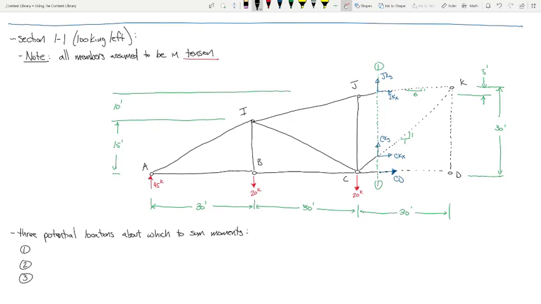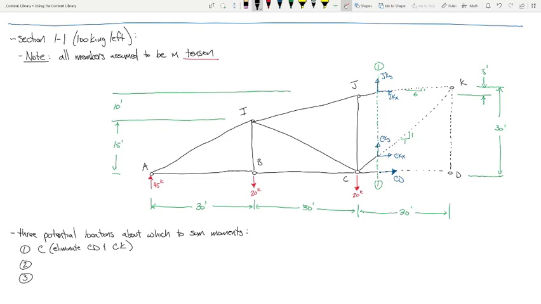Joint C, okay? If we summed moments at joint C, what would that eliminate? It would eliminate CD and CK. Is that an option? Yeah, it's an option.